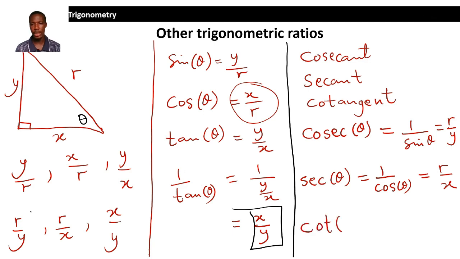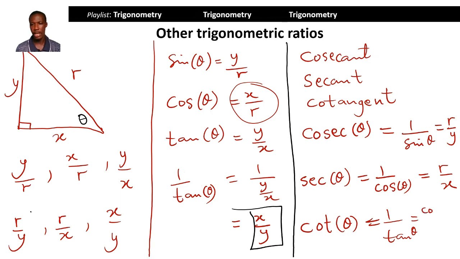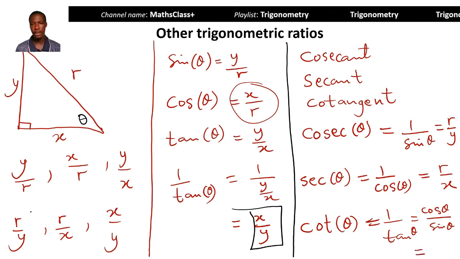So cotangent of theta is 1 over tan theta, and this is the same as cos theta over sine theta. And that gives us x over y.